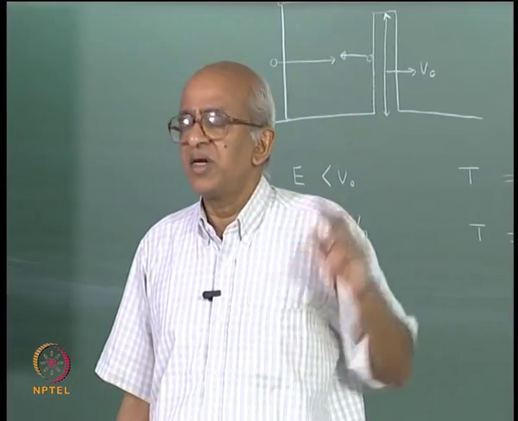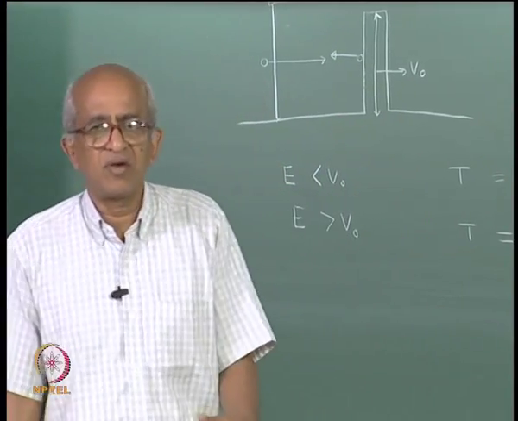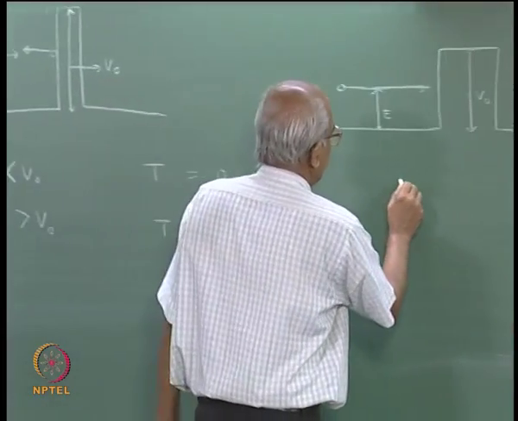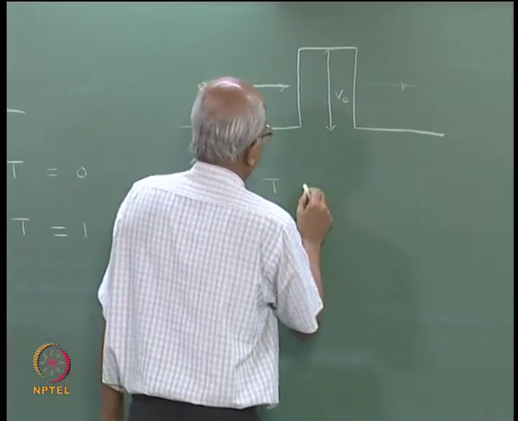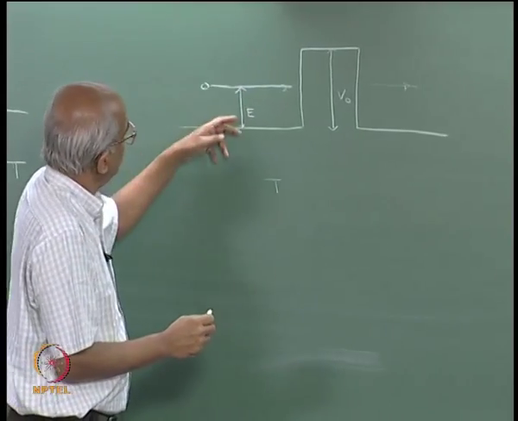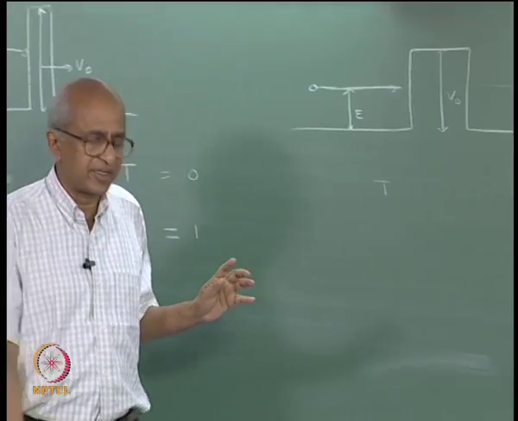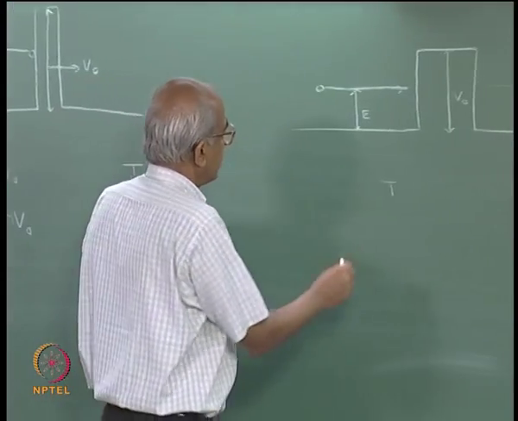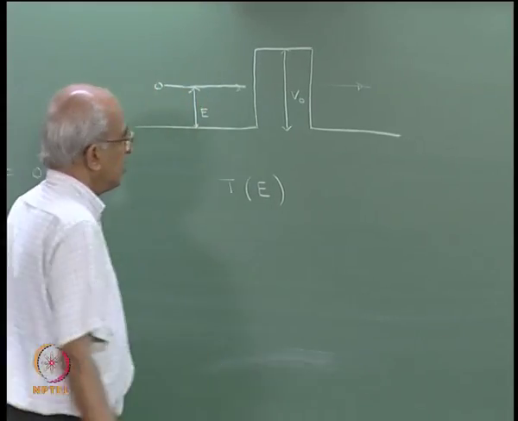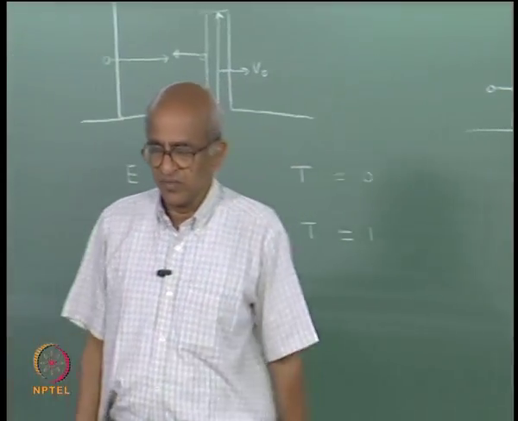So therefore we want to use our knowledge of quantum mechanics to calculate the value of T for a quantum mechanical particle. And in fact, the value of T will definitely depend upon how much energy the particle has. So therefore I want to calculate the transmission coefficient as a function of energy.